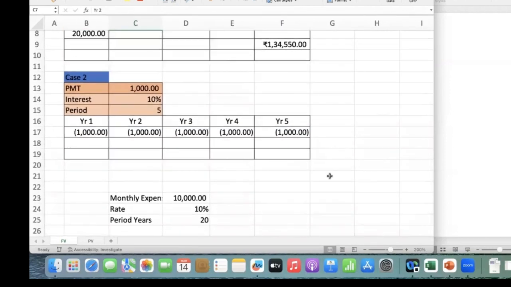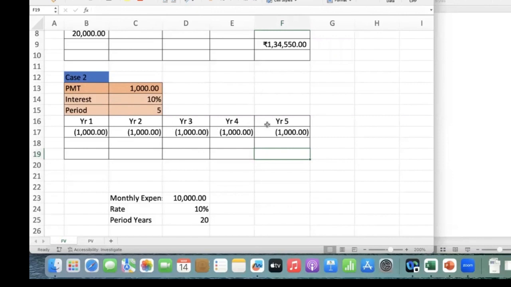I will come to the next example. The next example is applicable for cases like a SIP or any financial instrument where there is a series of payments. So you start an SIP with maybe a certain amount of money. Let us consider 1,000 rupees or dollars. Every year you are paying this amount of money.